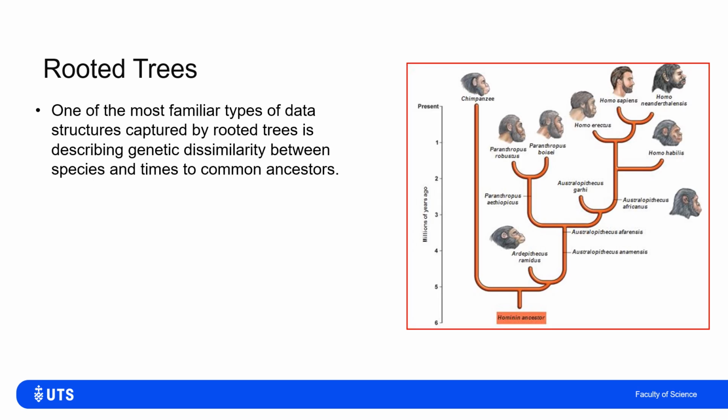So one of the most familiar types of this structure is things like family trees. Particularly if you look just down, for example, one line, if you look at somebody's father, somebody's father's father, father's father's father, and so on, or the mother's mother.